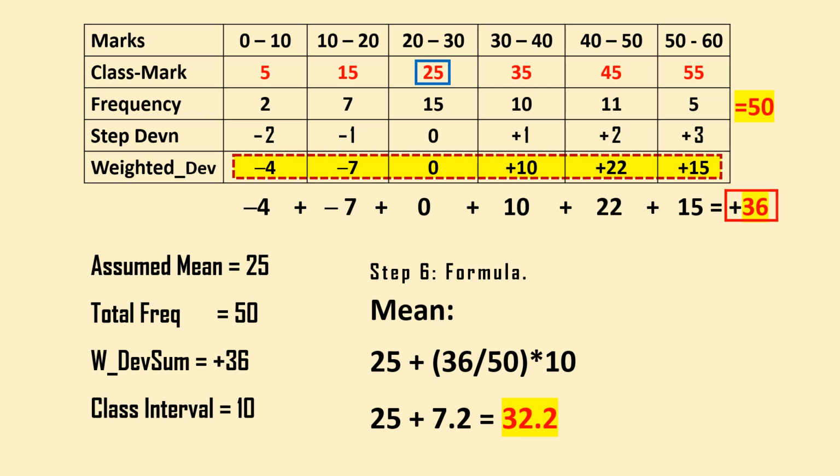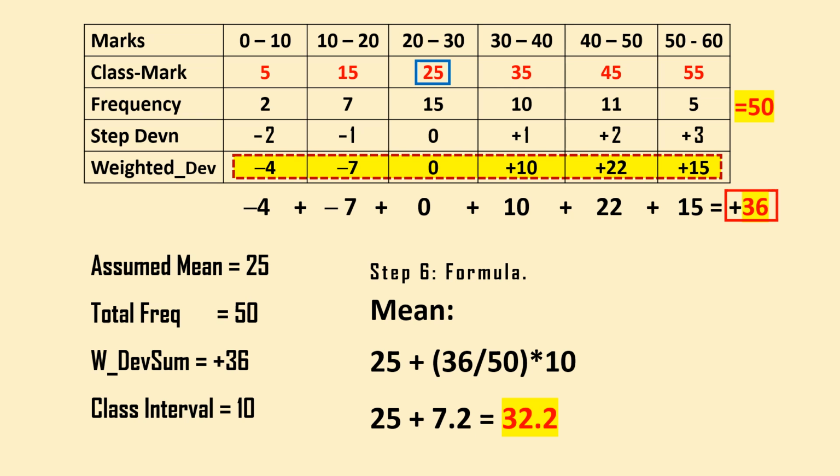So 25 plus 36 divided by 50 into the class interval, which is 10, and we get 25 plus 7.2 or 32.2 as a final answer.